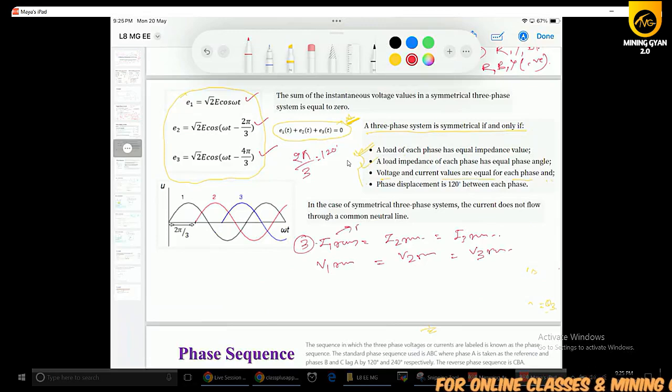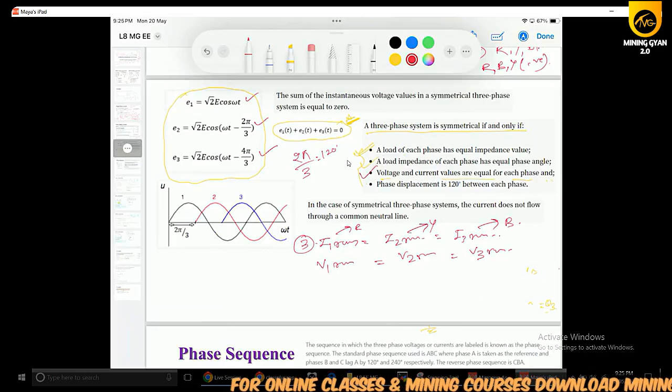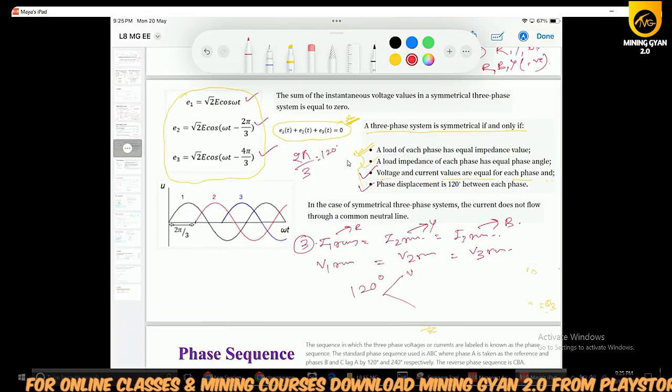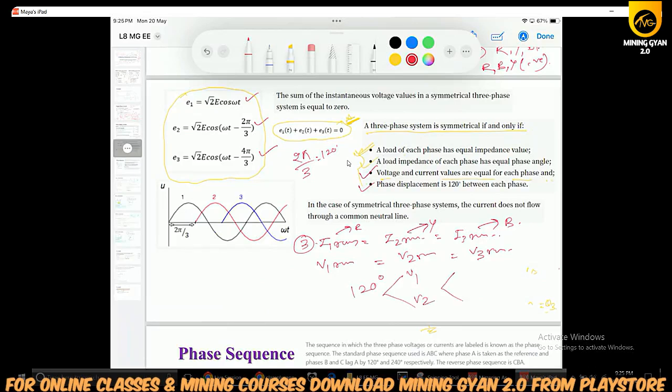I1 is related to R phase, this is related to Y phase, and this is related to B phase. The fourth condition is that a 120-degree phase displacement will be there between V1 and V2, between V2 and V3.